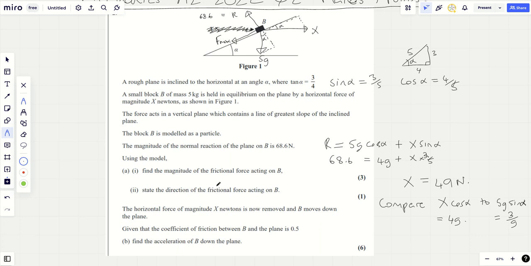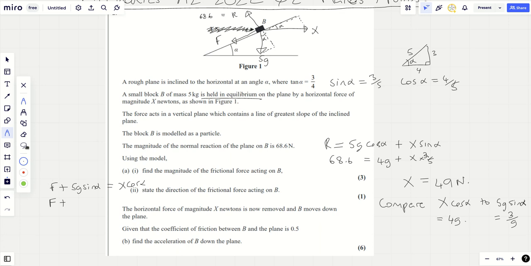And what is the magnitude of that frictional force? Now, is it in limiting equilibrium? It's held in equilibrium, yeah? And actually I don't even need to say F max, it might not be at a maximum, it's probably just friction. So I can say that F plus 5g sine alpha should be equal to x cos alpha. And so I get F plus 3g.